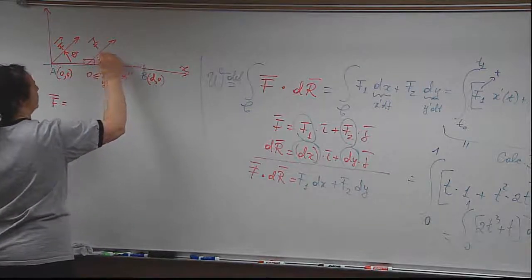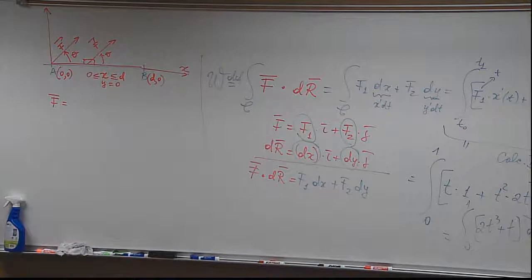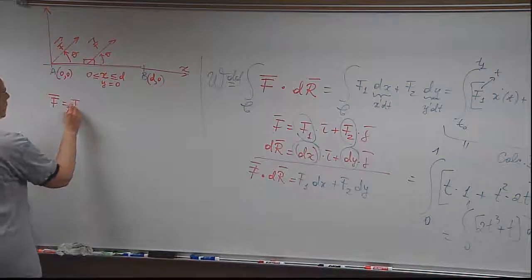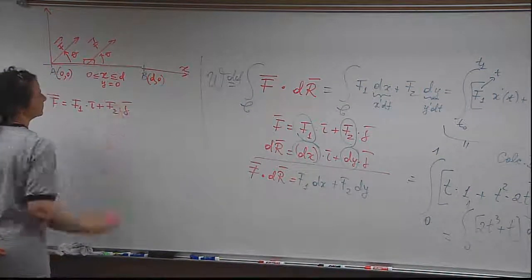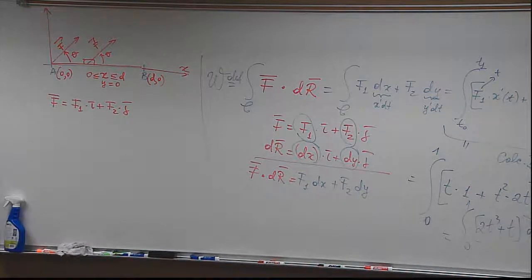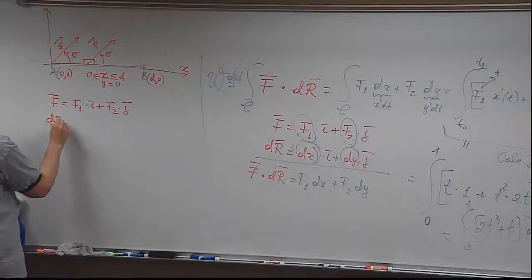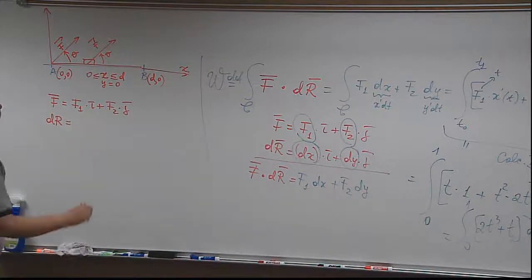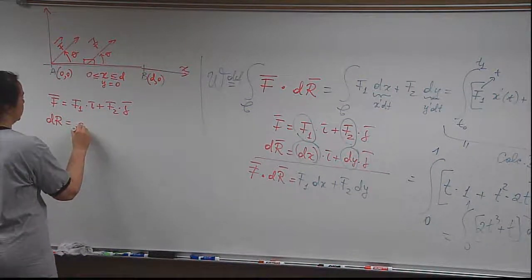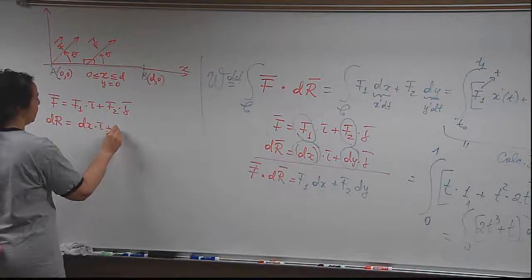You have the same angle here all the way. So F is F1 i plus F2 j. The dR will be dx i plus dy j.